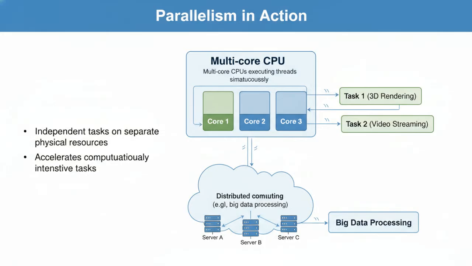Beyond a single machine, parallelism extends to distributed systems, like cloud computing environments, where a single complex task is broken down and processed simultaneously across many different servers. This is how big data analytics platforms handle immense datasets, by dividing the work and processing it in parallel.